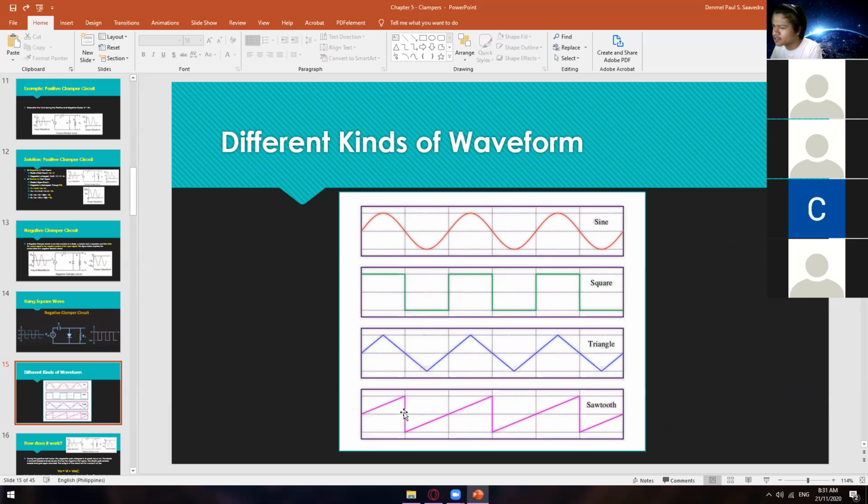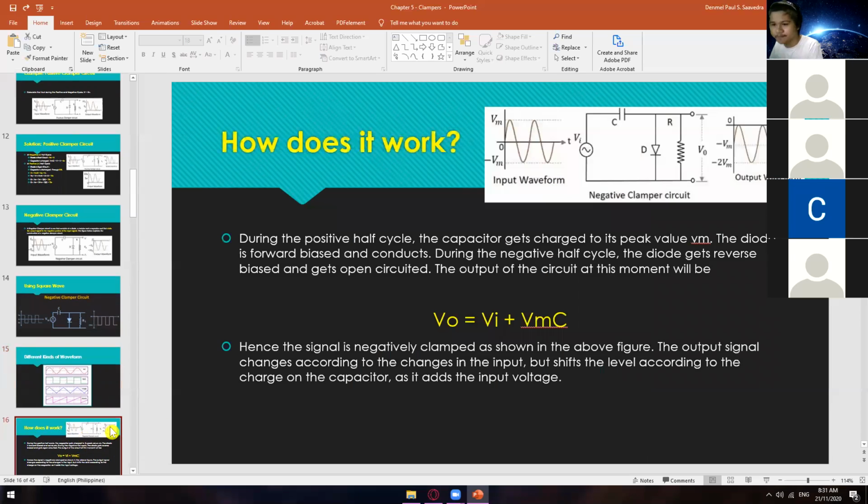Actually this one covers everything also, so you can easily see the positive half and the negative half cycle. But in here, we're measuring the peak to peak voltage from positive to negative. So that's their main purpose, why we have different kinds of waves.